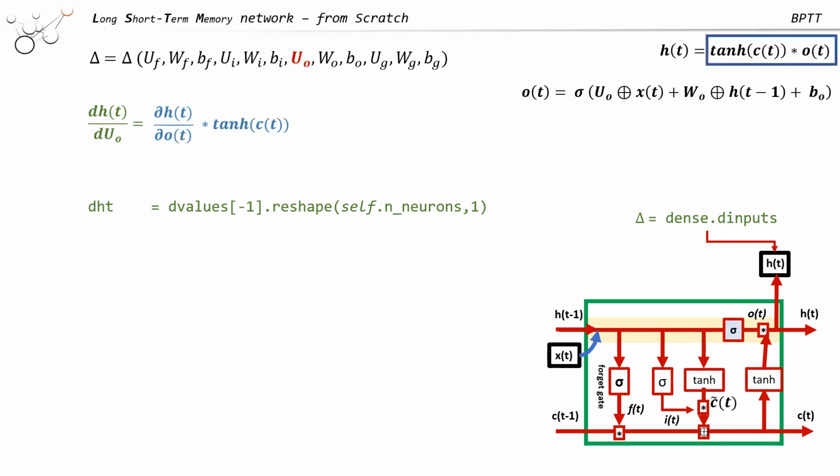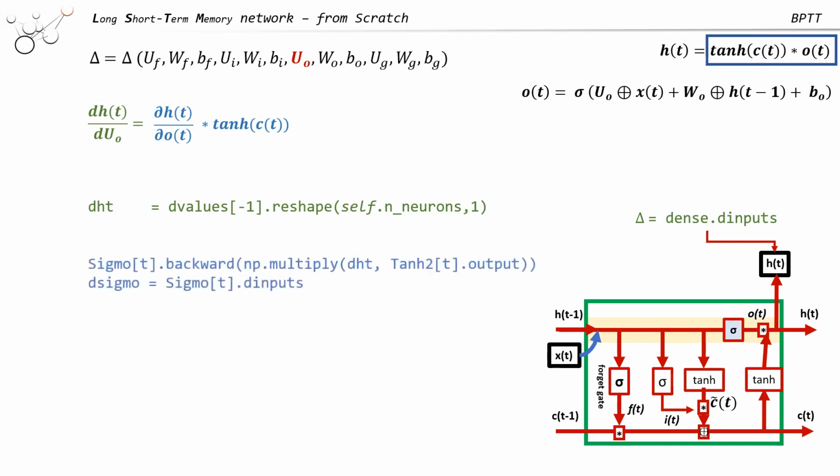So we have to calculate the dHdO, but then multiply this with tangents hyperbolicus CT, which is the output. So we have the DHT, the values, then we have to calculate this derivative here. So it's DHT, but then multiply this with the output from the tangents hyperbolicus here.